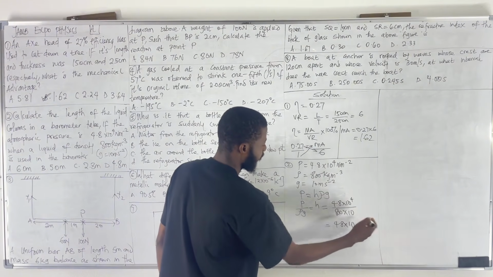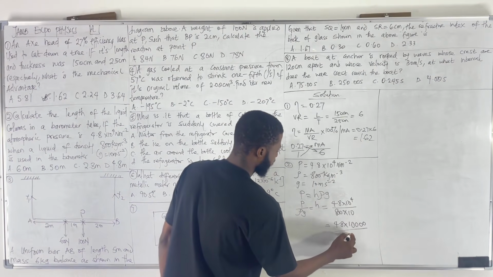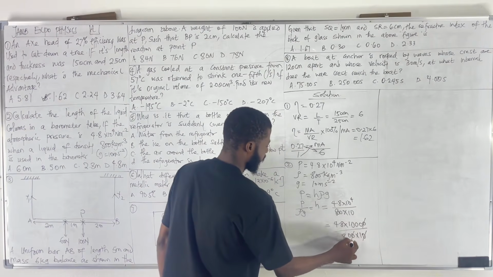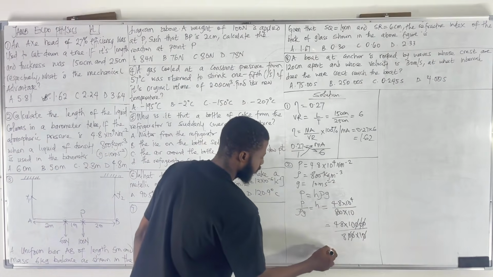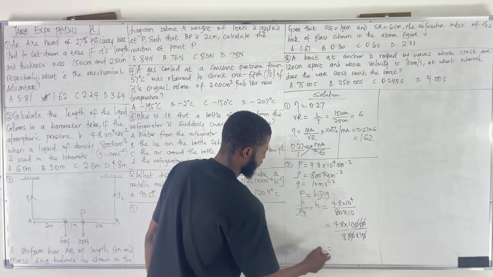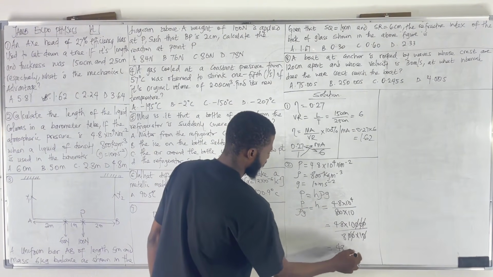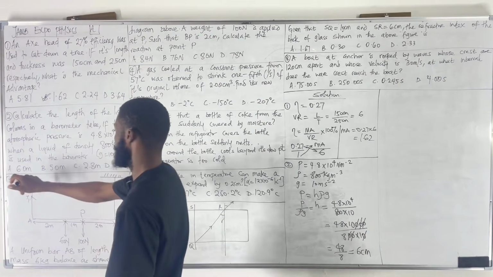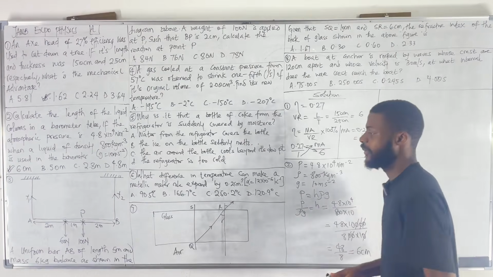This power of 4 means I'm going to have 4 zeros, so that's 48,000 divided by 800 times 10. Zero cancels zero, zero cancels zero, zero cancels zero. So 4.8 times 10 is actually 48 over 8. 48 over 8 gives us 6. So the answer is A, 6 meters.